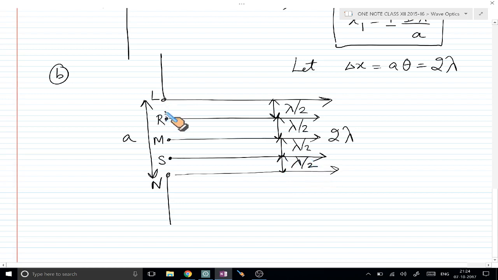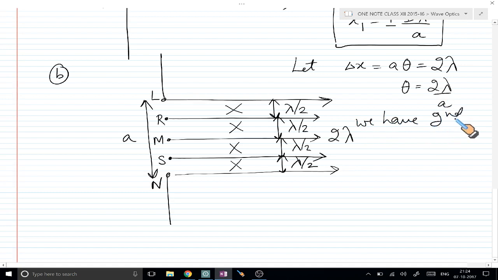So all wavelets from L to R have a counter wavelet from R to M and they cancel each other. Similarly, all wavelets from M to S have a counter wavelet from S to N and they also cancel each other. So over here at theta is 2 lambda by a, we have second minima.